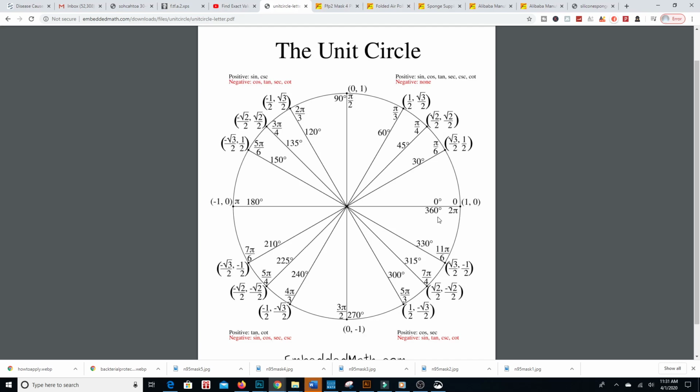If theta is an angle in standard position whose terminal ray passes through point A, then they want to know the value of sine theta. Sine theta is going to be the sine of 60 degrees.